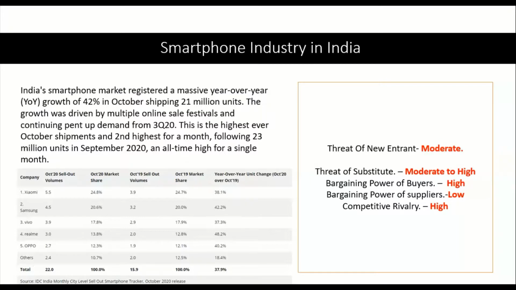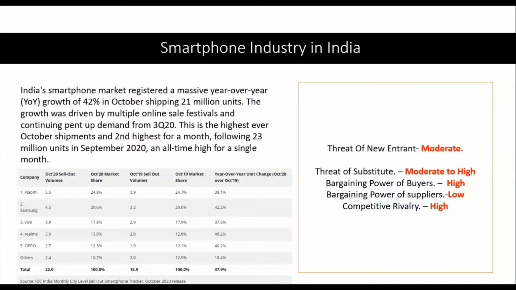But from an overall point of view, those products have some functionality which smartphones do not have, and smartphones have some functionalities that you will not find on other products. But if you see substitutes among the competitors, then you have a number of competitors. For the same price you can have a better product from another competitor.